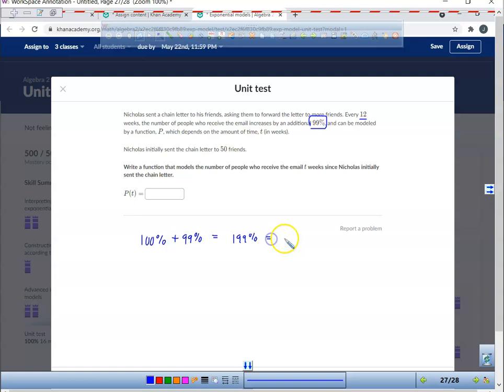Now, as a decimal, that's 1.99. That's my B value, but it's not every week, it's every 12 weeks. Initially, he sent it to 50 friends. So my A value is 50. My growth factor is 1.99, but it's not happening every week, it's happening every 12 weeks. So I'm going to put T over 12, and that's my answer.